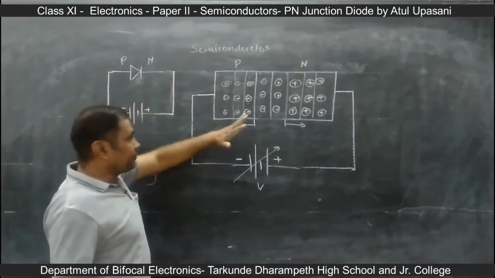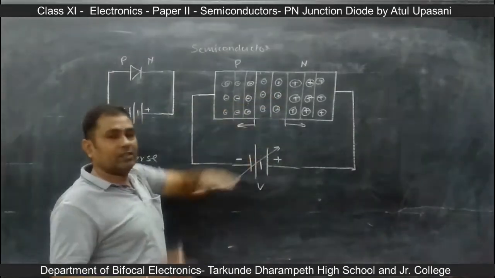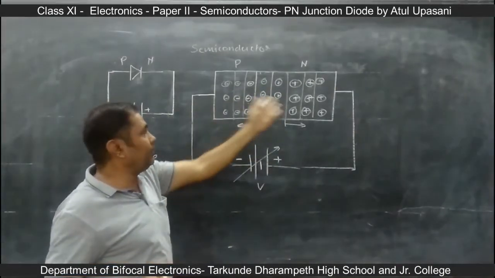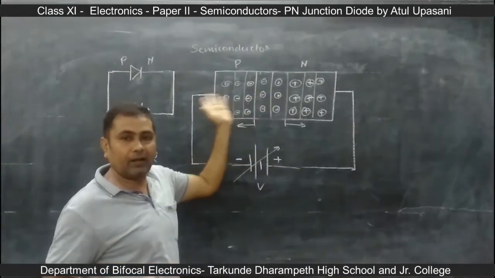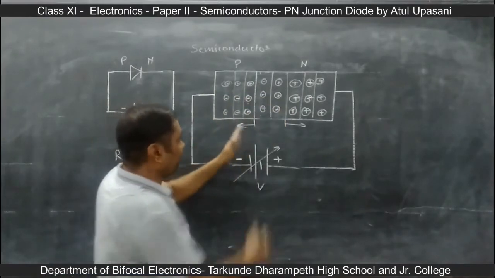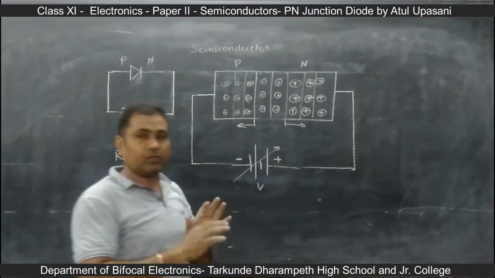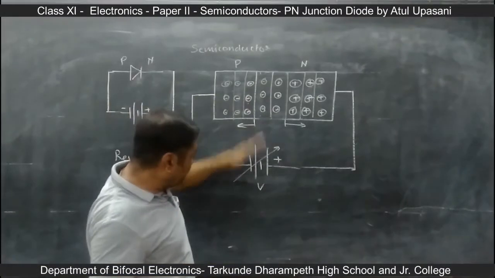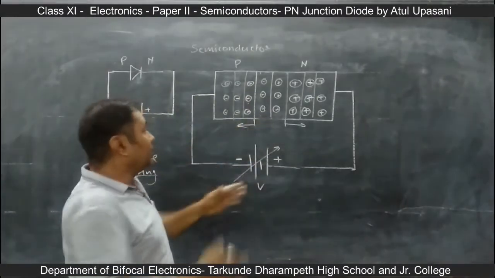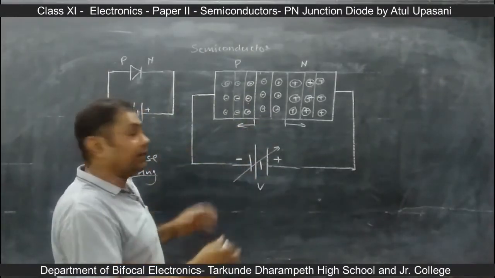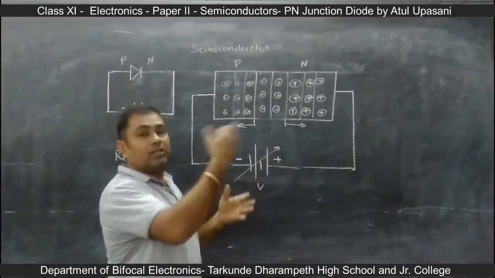If the depletion layer vanishes, there will be current conduction through the device. But if the depletion layer is present, there is no conduction. If reverse voltage is applied, the depletion layer gets wider, which means it increases its resistance.